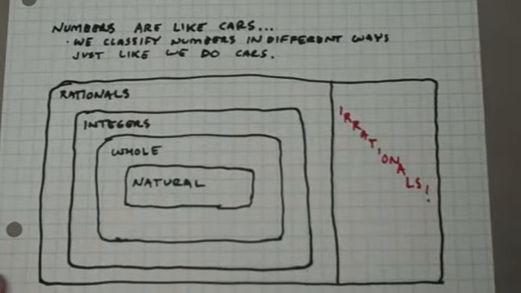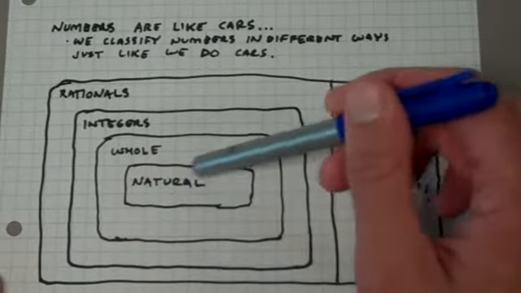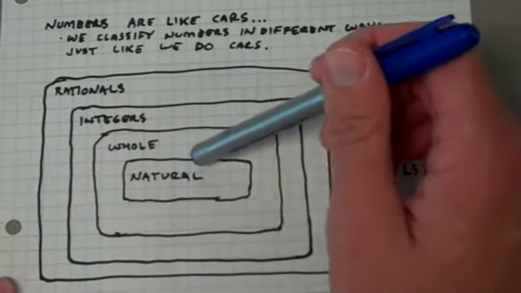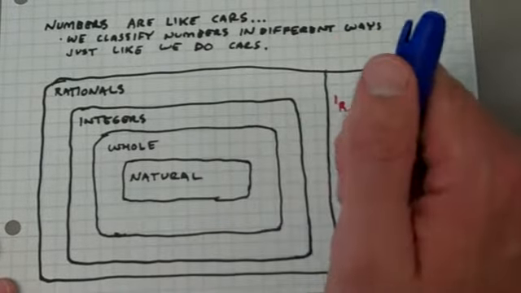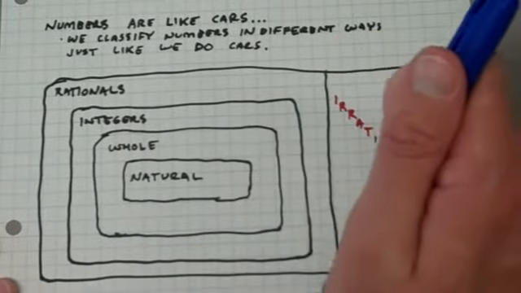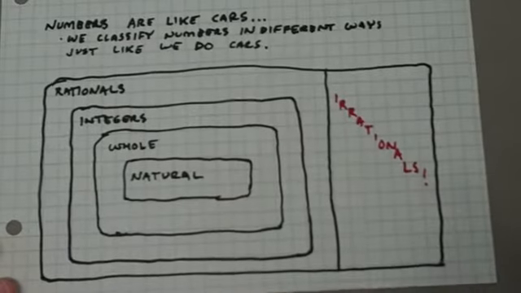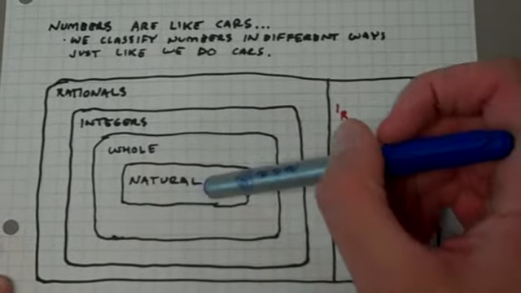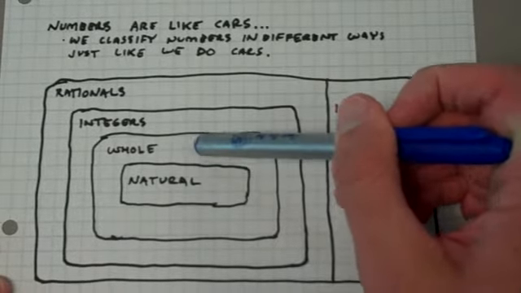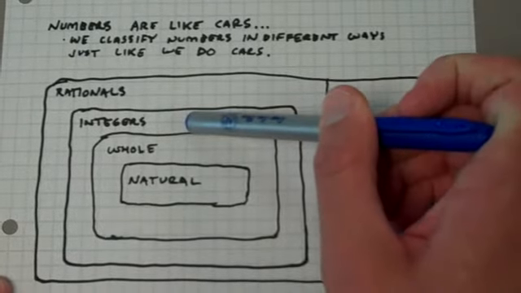Now, integers include all of the natural numbers. They include all of the whole numbers. And they include the opposite versions of them. So -1, -2, -3, -4, etc. Then there's the rational numbers. The rational numbers, what we're talking about here, include the natural numbers, all of the whole numbers, and all the integers you can think of.